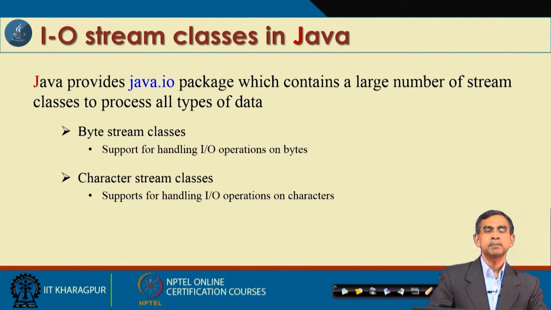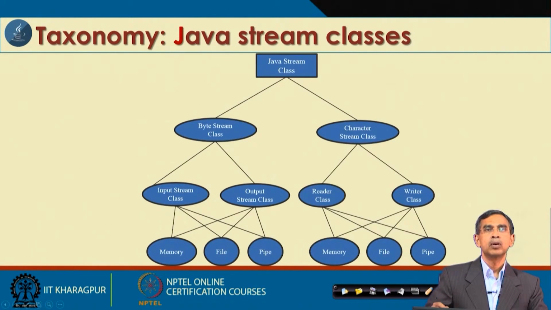In byte stream classes, the data input output is controlled in the form of bytes, whereas in character stream classes, data input output is controlled by means of streams of characters. Now, let us have a quick look at the hierarchy of the different classes in this package.